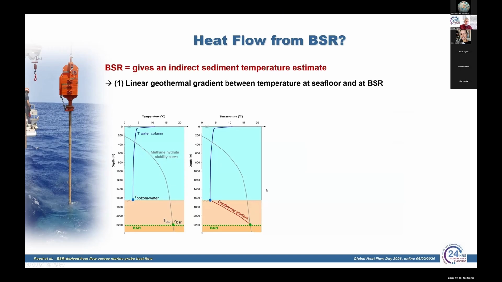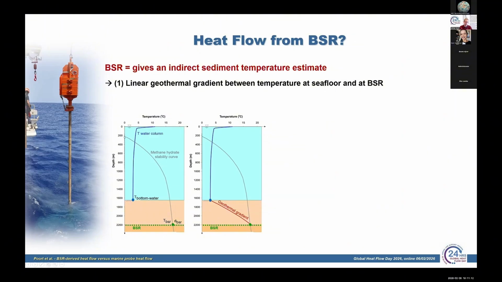Okay, let's come to the main thing. That's how we get the heat flow from the BSR. The BSR gives us an indirect sediment temperature estimate. So in an area where we have a BSR, if we have information on the temperature of the water, and especially of the bottom water, then by using this methane hydrate stability curve from the phase diagrams, we have to assume, of course, a gas composition, salinity, and some other characteristics.